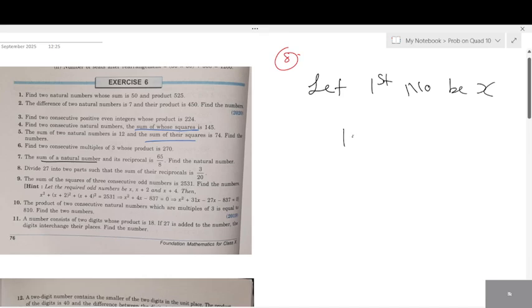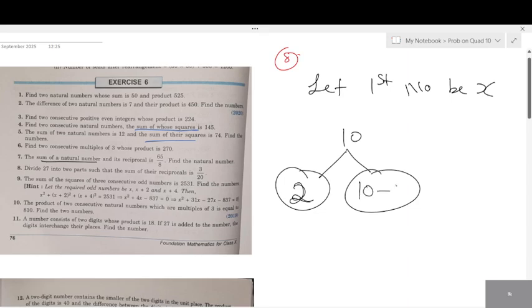Now if I tell you to divide 10 into two parts, if I take the first part as 2, how will you find the value of second part? 10 minus 2 is 8.